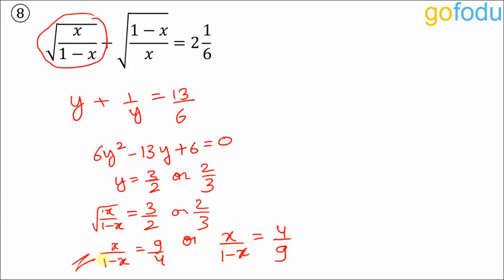So from this first one, there will be one value of x that we'll be getting, and that will be x is equal to 9 by 13. From the second one, there will be again one value of x that we'll be getting, that is 4 by 13. These are the two values of x that we'll get from here.